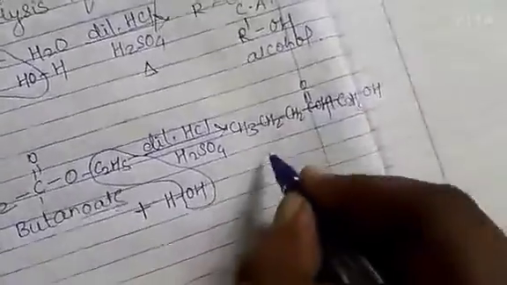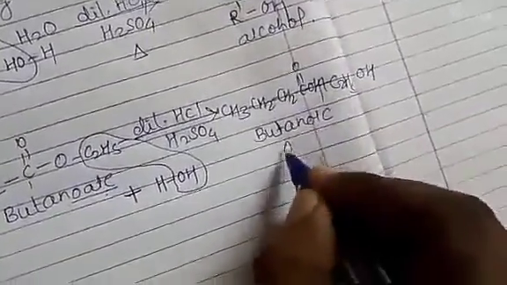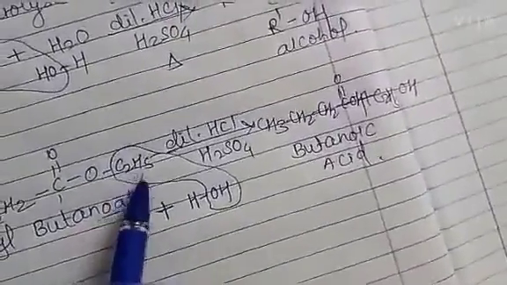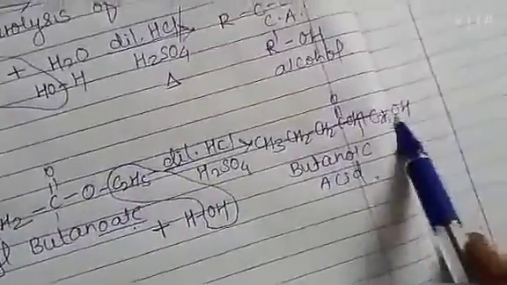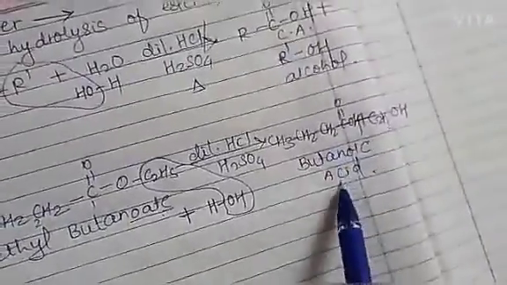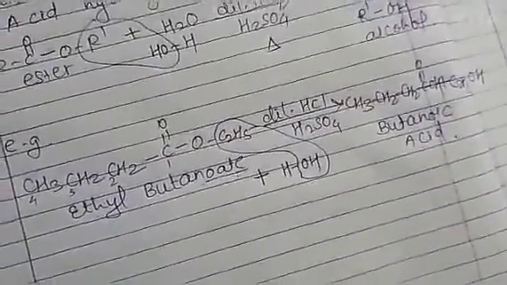This is butanoic acid. Always remember, the alkyl group which contains the lowest number of carbon atoms will form the alcohol, and the part which contains the highest number of carbon atoms will form the carboxylic acid. So I have taken this example to understand this concept.